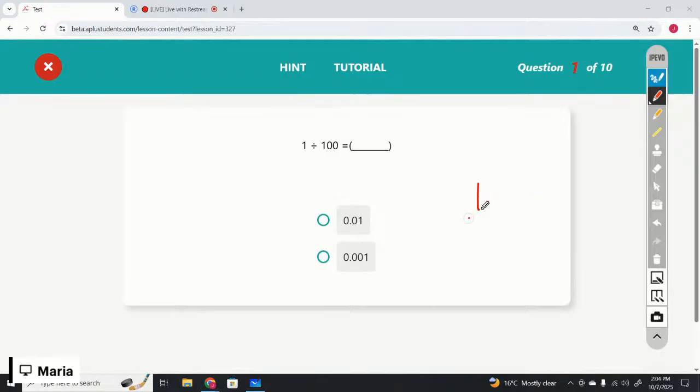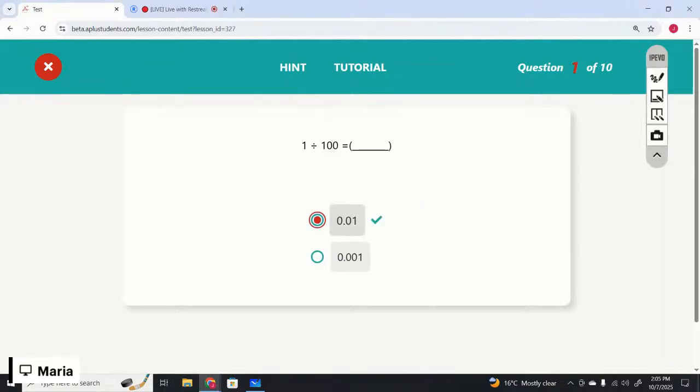So you have only one place. Add another place and now move two places left. It would be 0.01. Option number one is the correct option, that is 0.01.